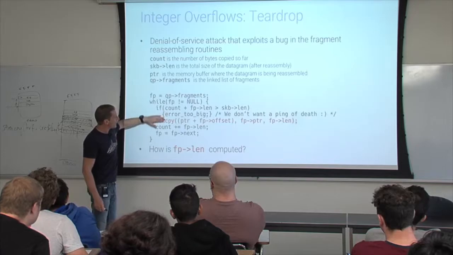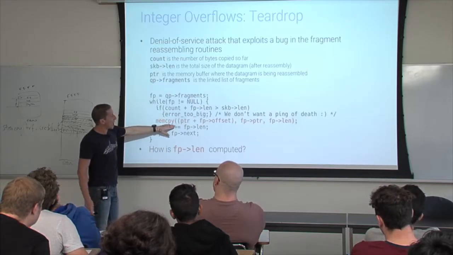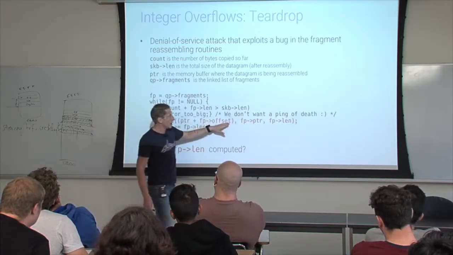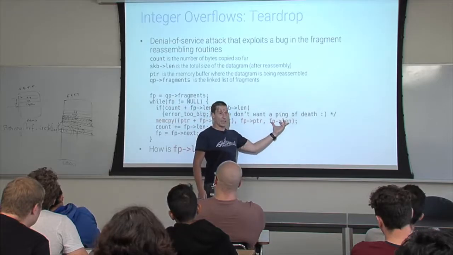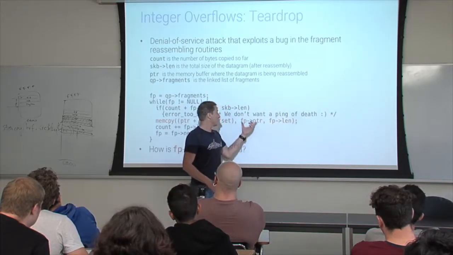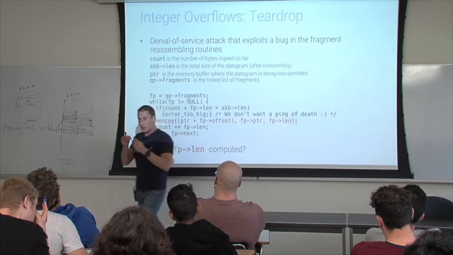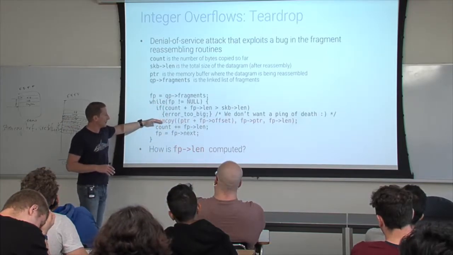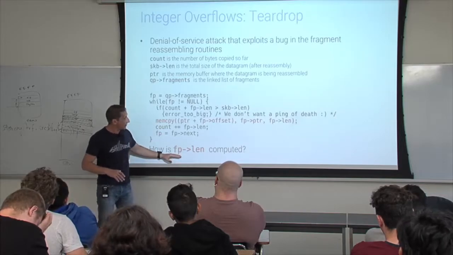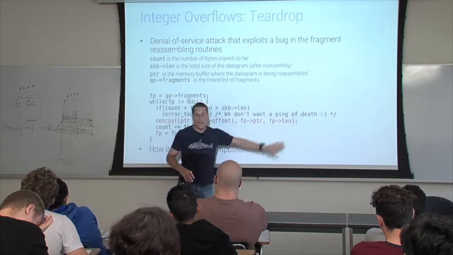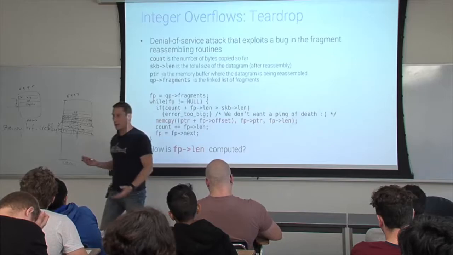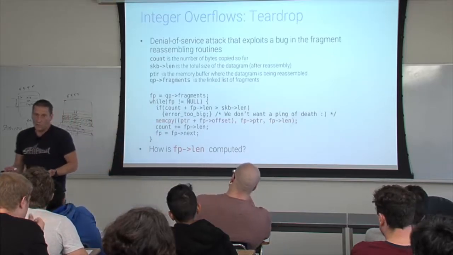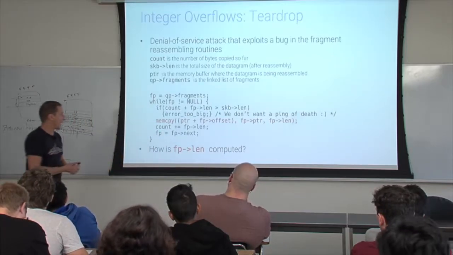So if everything is copacetic, they would do a memcpy at that offset for the length of this fragment and at the point where the fragment is stored. And this is perfectly fine. The problem is, how is this fp len computed? It's just a parameter of the fragment.